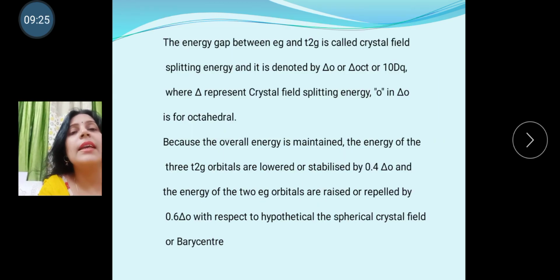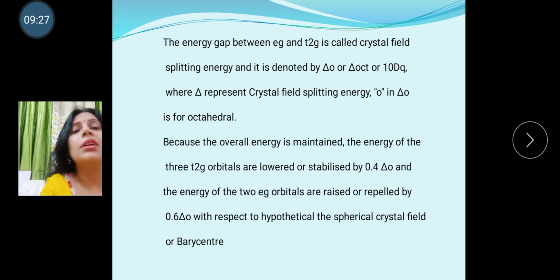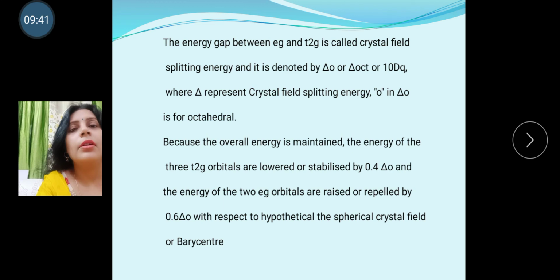So we can say that the energy gap between the eg and T2g is also called the crystal field splitting energy, and is denoted by delta O or delta OCT, or sometimes calculated in 10 Dq, where delta represents the crystal field splitting energy and O represents the octahedral complexes.